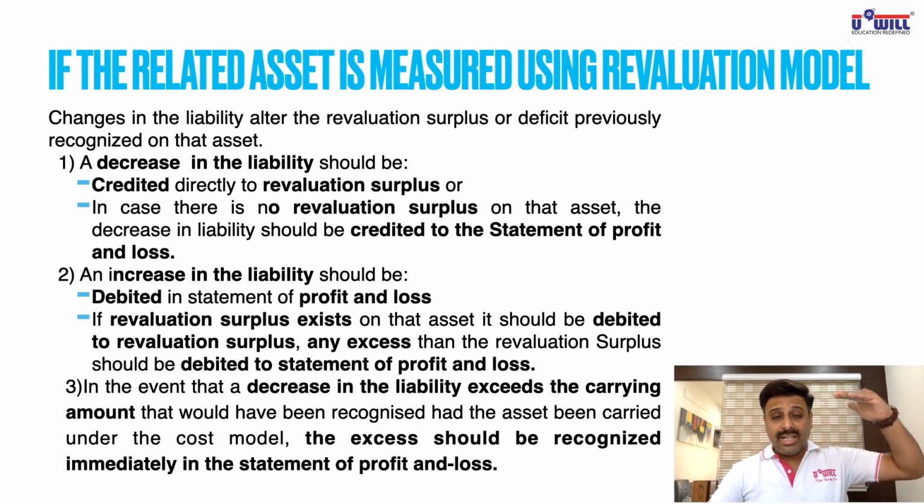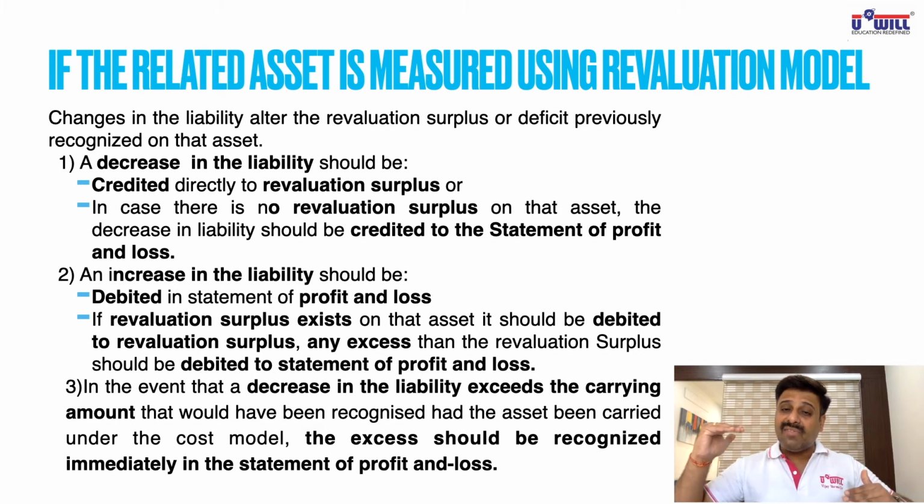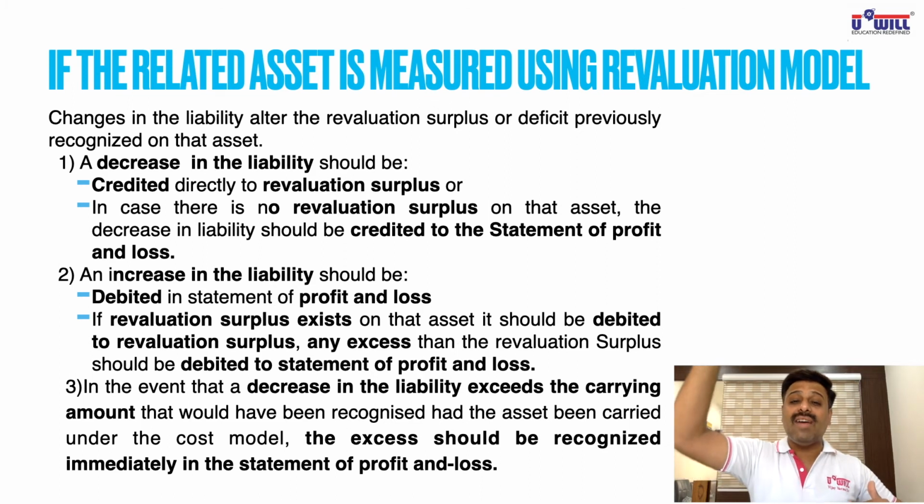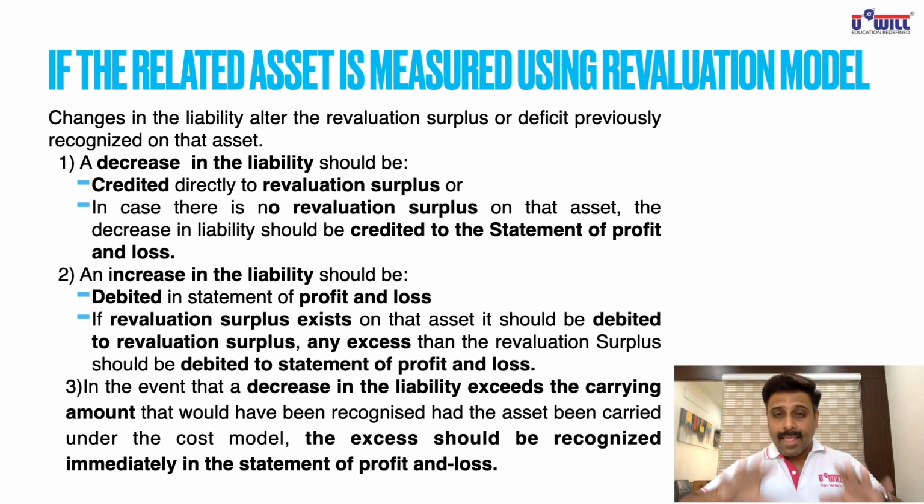So in the past 15,000 going down was debited to the P&L account. In future, up to 15,000 going up, P&L account. Beyond 15,000 you credit to revaluation reserve. Same way in future if the value goes down. Now in the past if it has already gone down, then same situation. So in the past 15,000 gone down, now 10,000 gone down, you debit to the P&L account.